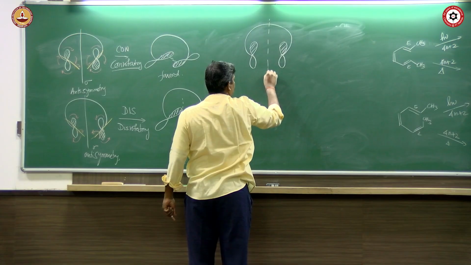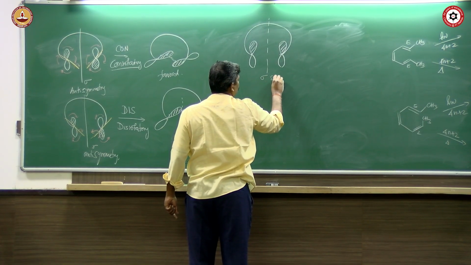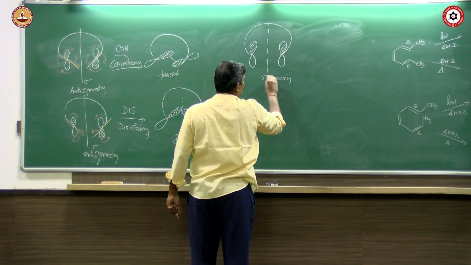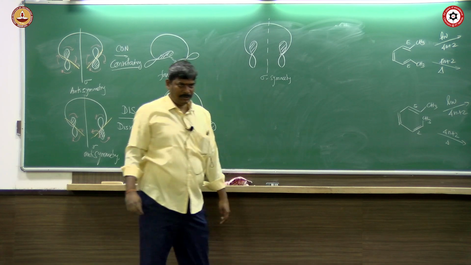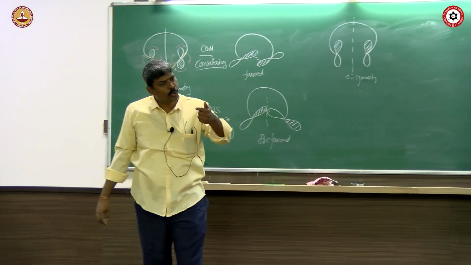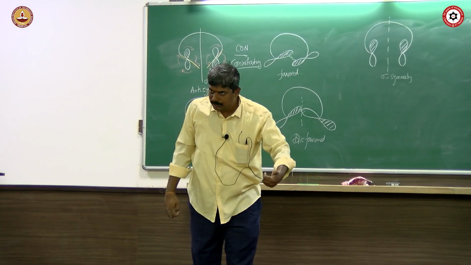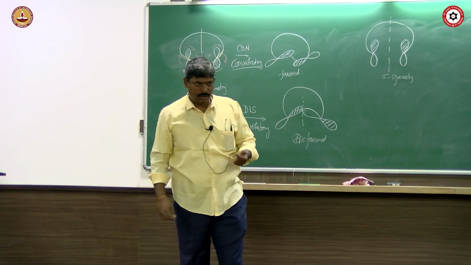So this is a sigma symmetric. Do you agree? Now, let us perform the same two operations. One is conrotatory, the other is disrotatory.